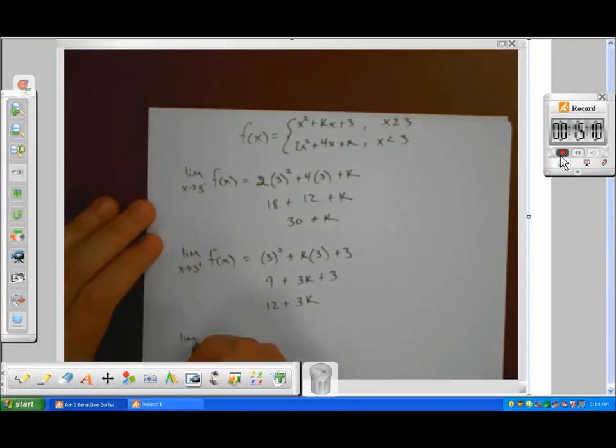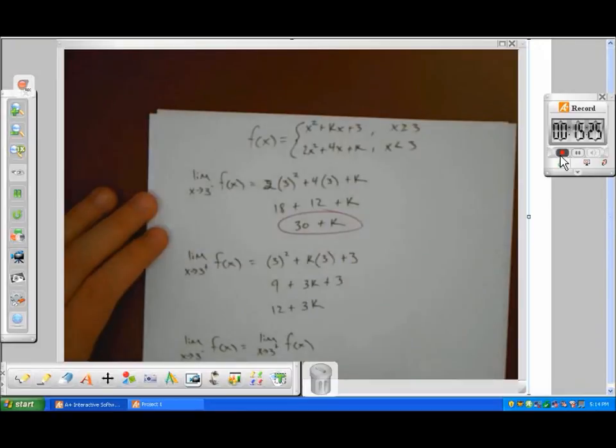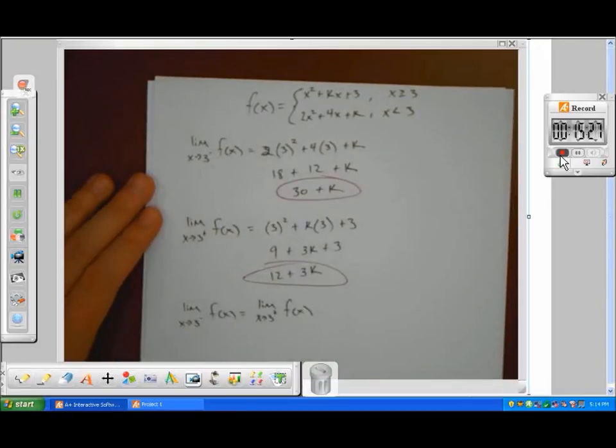So that the limit as x approaches 3 from the left equals the limit as x approaches 3 from the right. That's the way to show that the limit exists. So, from the left has to be equal to from the right. What value of k would make that possible?